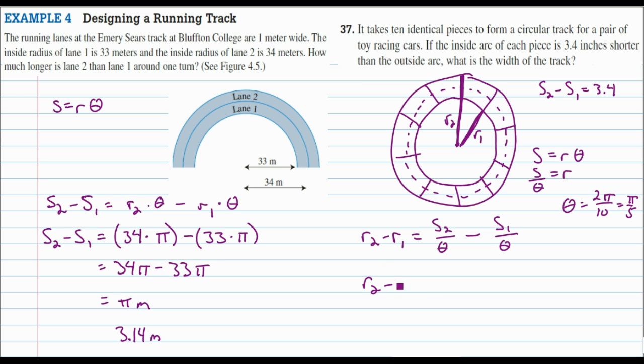So R2 minus R1 is, well, I can combine this common denominator here, so that would be S2 minus S1 all over theta, which we said was pi over 5. And then, oh look, that's where we can use our S2 minus S1, so that's 3.4. So R2 minus R1, which is what we're looking for, the difference in the two radii, the width of the track, is going to be 3.4 over pi over 5.